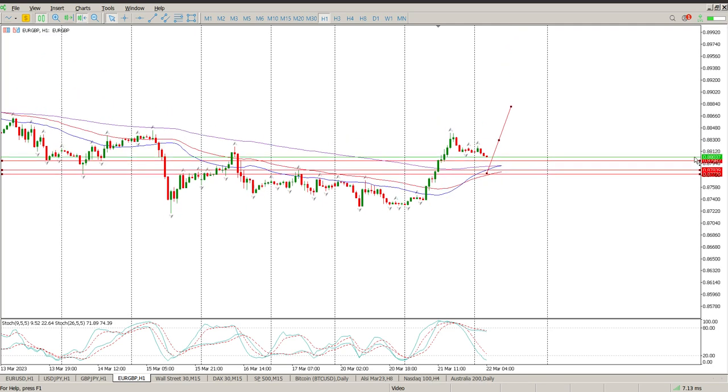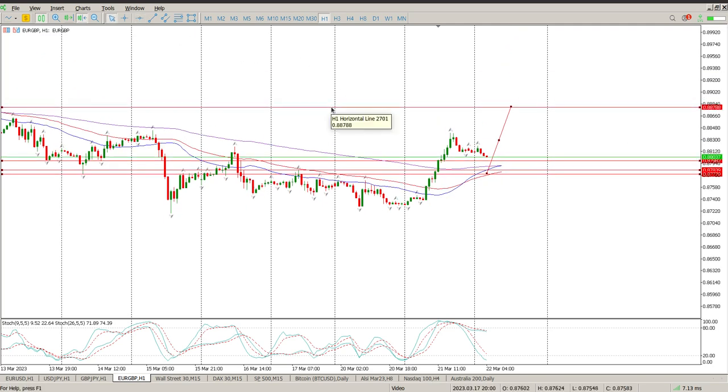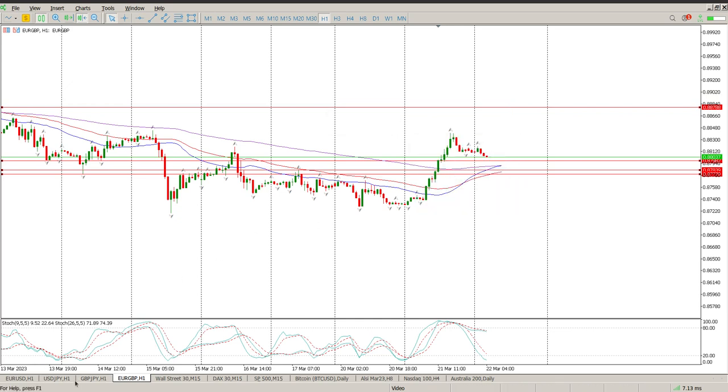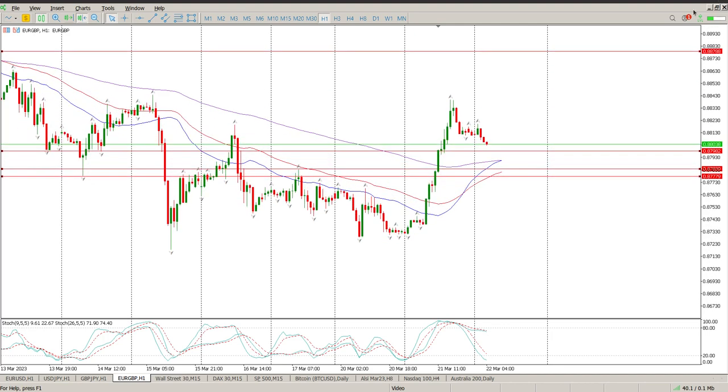I'm going to take it off there. So I would be looking for a move to 0.88788. So a fairly decent setup there. It's really just the yen pairs where there's a bit of confusion. Euro British Pound and Euro USD are both looking fairly interesting for support, and then another move to the upside. So that's kind of what I'd be looking for.